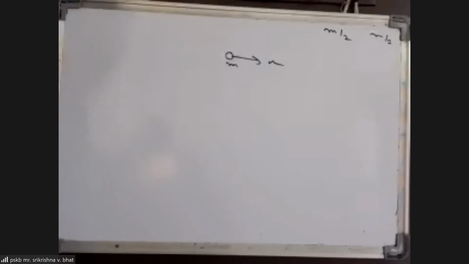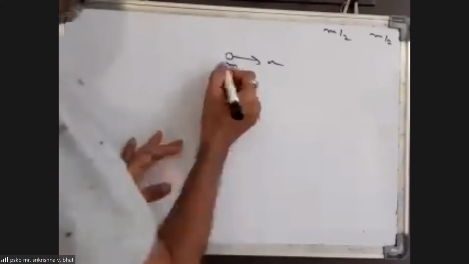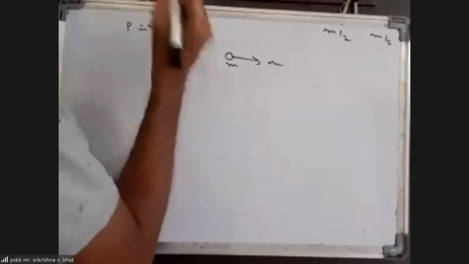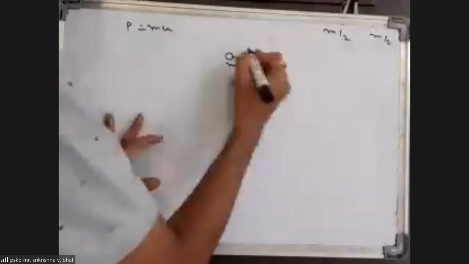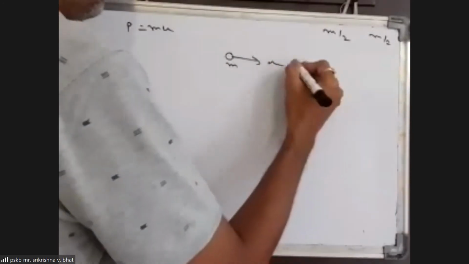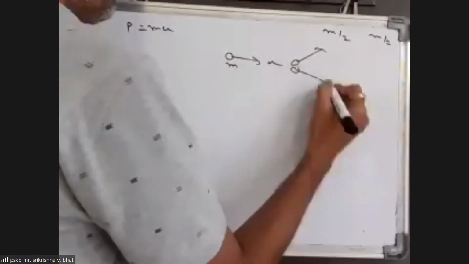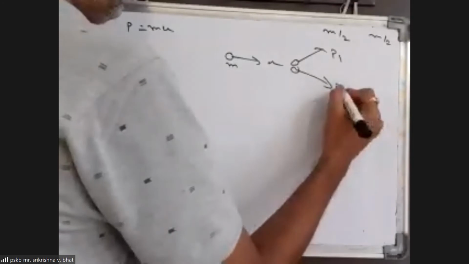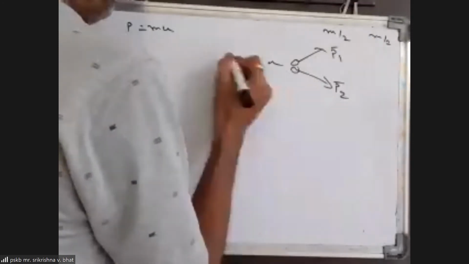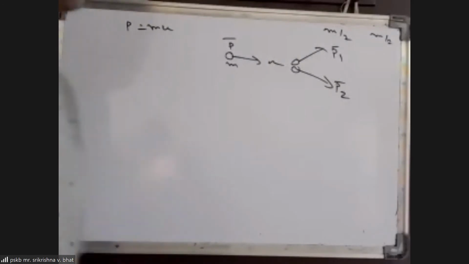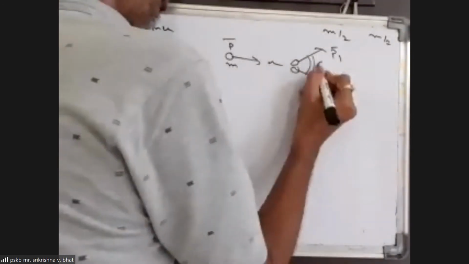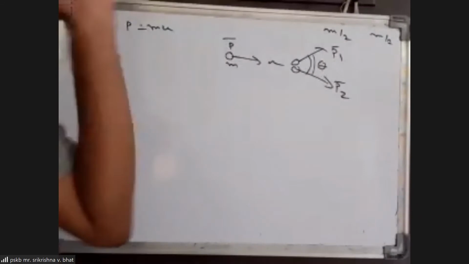Let us consider that the momentum of the shell is mu, and the two fragments formed as a result of the explosion are moving with momentums p1 and p2. We have to find the maximum possible angle theta, theta max.